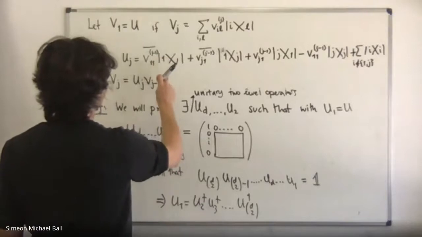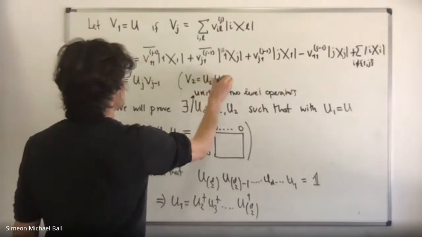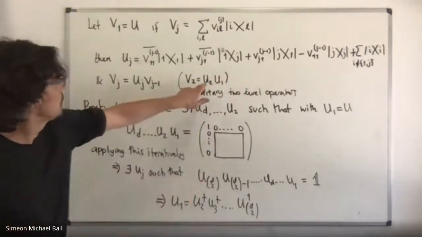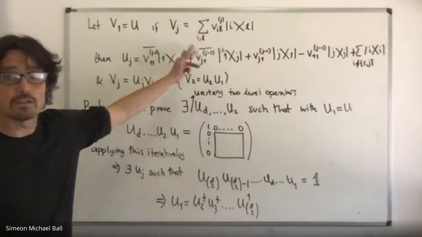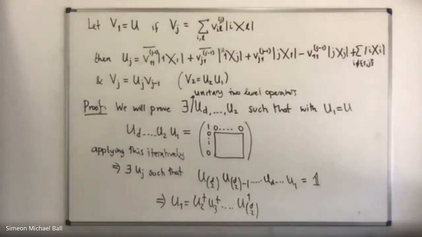V1 is U1, so this means that V2 is U2 times U1, and U2 is almost like U1, except you've done some funny operation between the first and the second in the top left-hand corner.